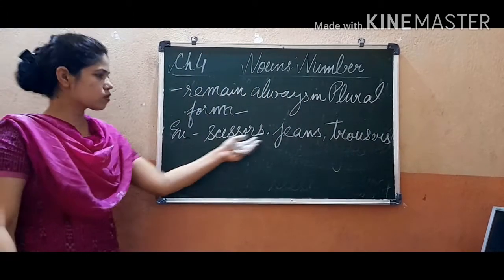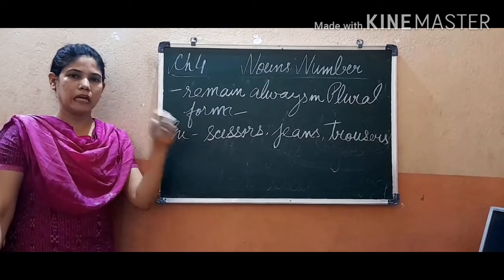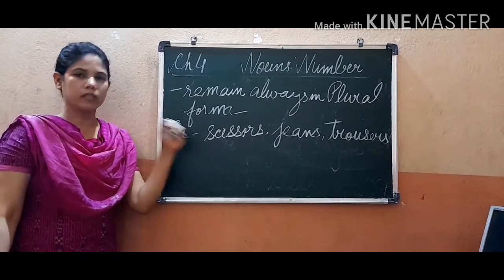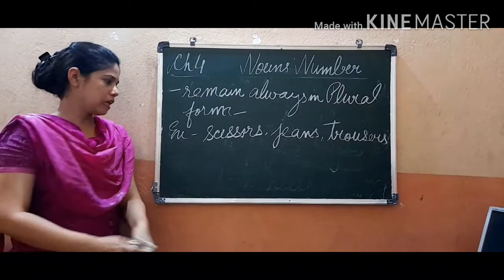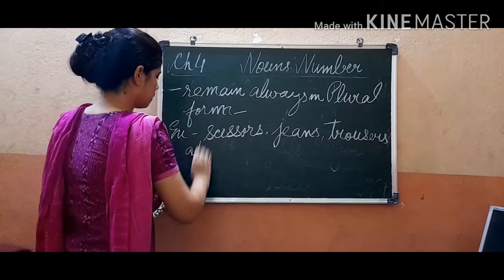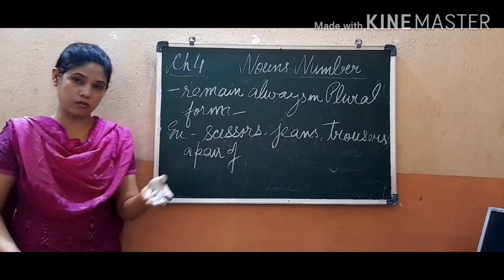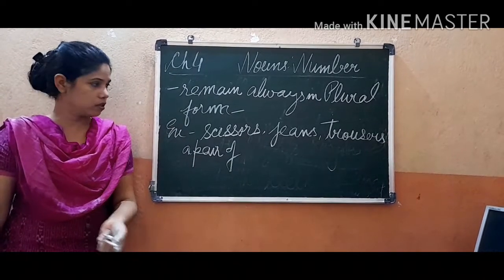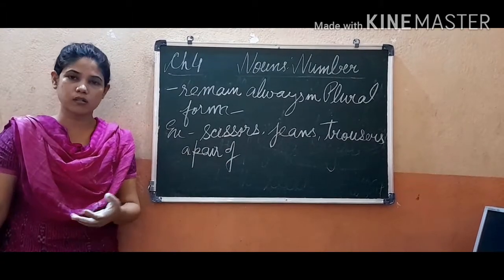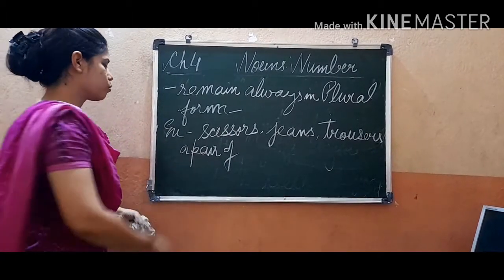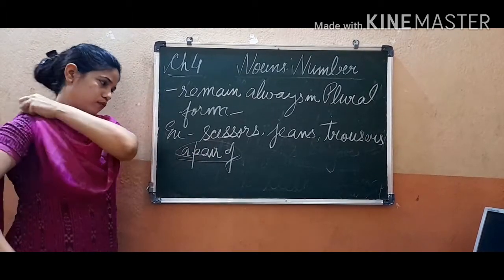These all remain in the plural form, but if we have to say in singular form, then we have to use the phrase a pair of, like a pair of scissors, a pair of goggles, a pair of binoculars, a pair of jeans, a pair of trousers. Otherwise, generally they remain in this plural form.